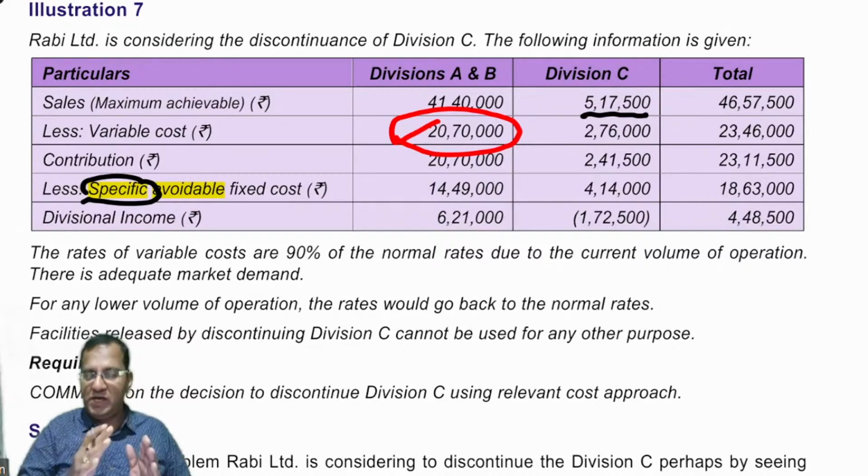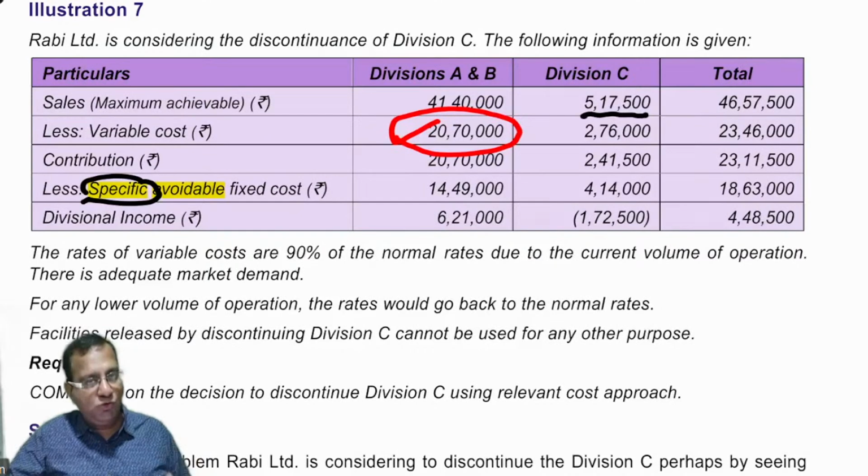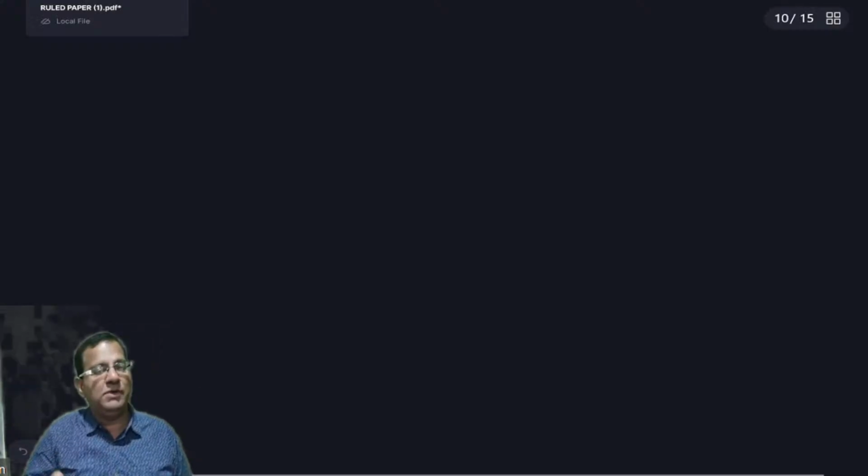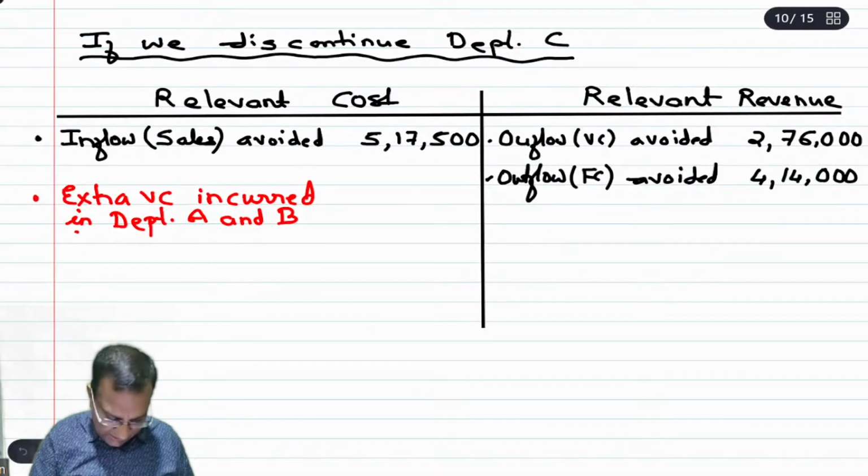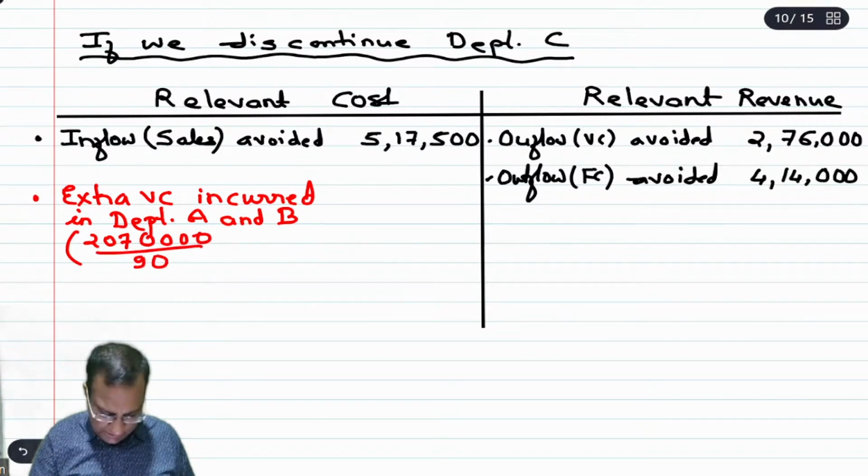The benefit is because we are having three departments, A, B, and C. Now, if we discontinue department C, then in that case of lower volume of operation, our variable cost will go back to its normal rate. So if 20,70,000 is equal to 90%, then 100% will be 23 lakh. So the normal rate is 23 lakh, but because of bulk operation, the variable costs are being incurred at 90%. But if we discontinue department C, variable cost will go to normal. So the extra cost that will be incurred is 10%, so it's 2,30,000.